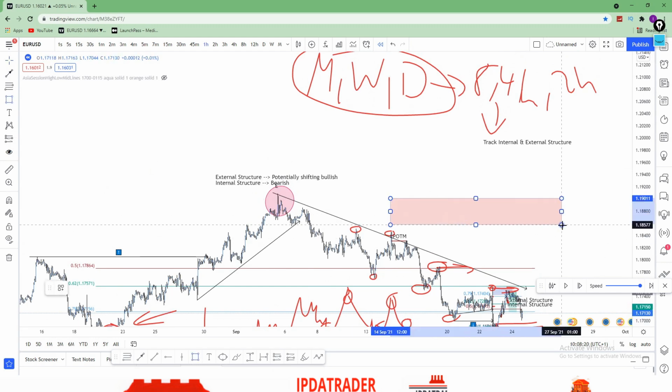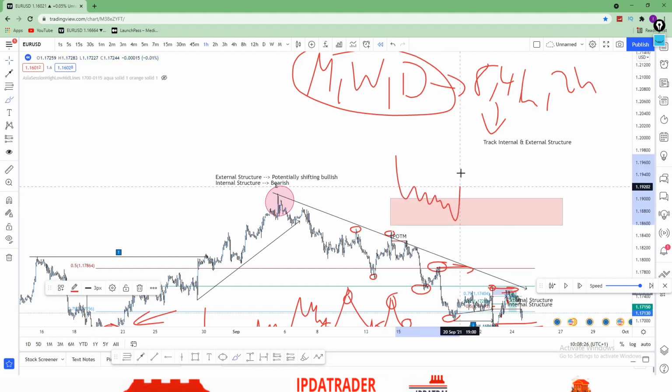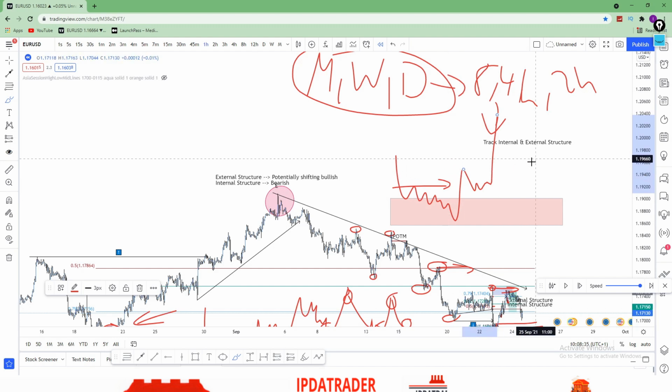Maybe we have this POI over here, your protocol never gets filled, and what actually happens is that it shifts externally, never retraces 50% and continues higher, and you've missed the trade. But that's absolutely fine because you've created a system for yourself that actually will make money as long as you follow it with no emotions at all, right?